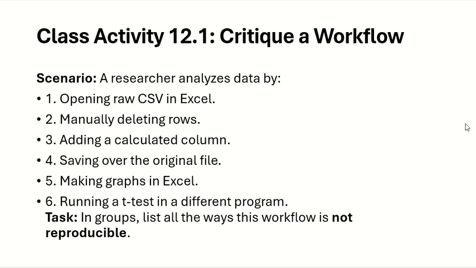And he's deleting some rows, right? And he's making graphs, okay, fine. And he is going for a t-test in another program. Which program is that? Where is the name of the program? Where is the script? Which rows did he delete? Documentation. So he is missing documentation.